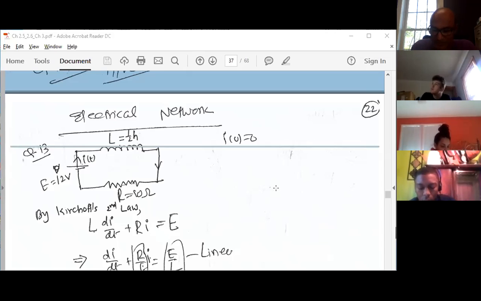Tm is the surrounding temperature, which is always constant, and K is the proportionality constant. And then we went through the chemical mixture problem, and I told you that it is always converted to a linear differential equation. Today we are going to start the electrical network problem from the first packet, example number 13.